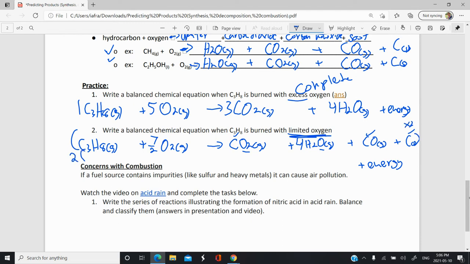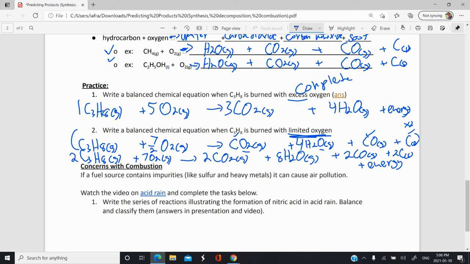I'll get 2 C3H8 gas plus 7 O2 gas produces 2 CO2 gas plus 8 H2O gas plus 2 CO gas plus 2 C solid.